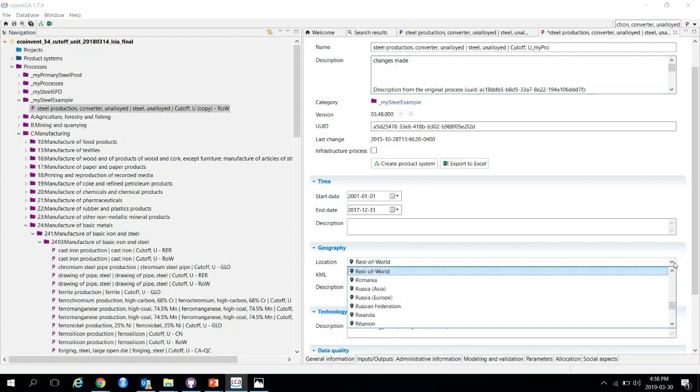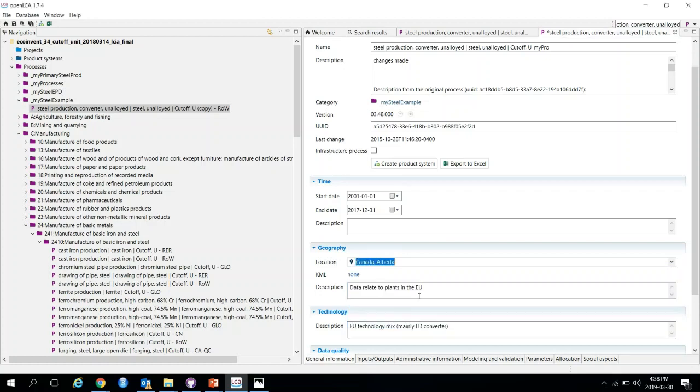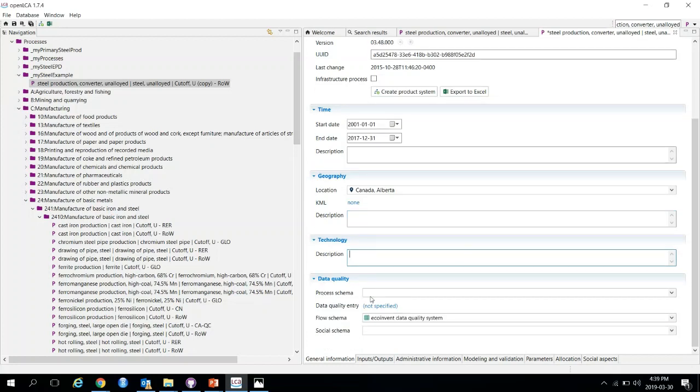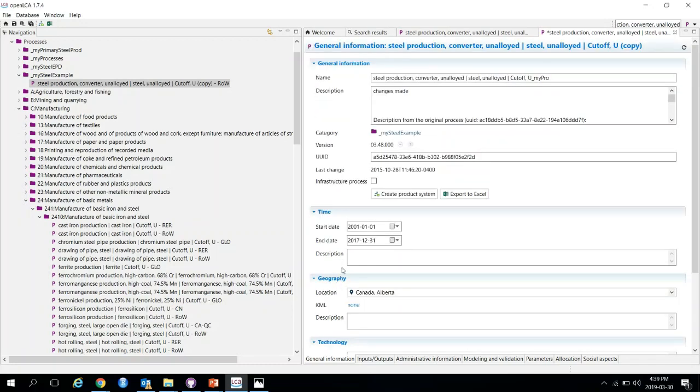And we want to specify it for our region now. So let's go to Alberta. Here it is, Canada, Alberta. And let's just erase this. We could always add something else. Let's keep it like this for now. There we go.